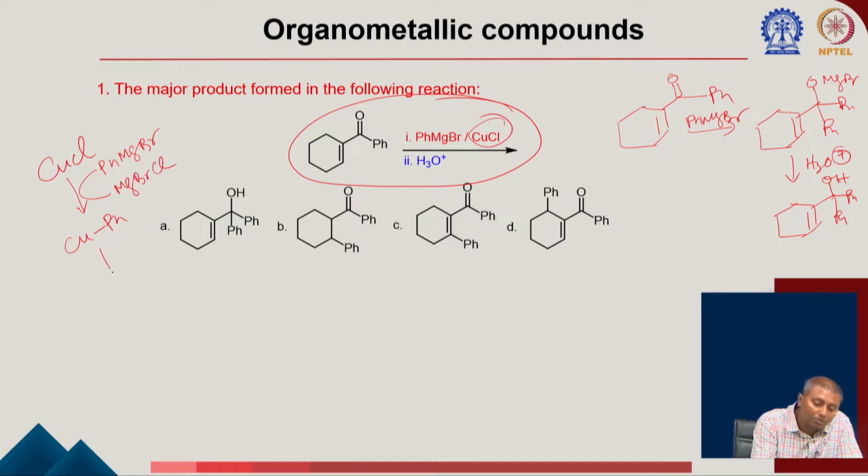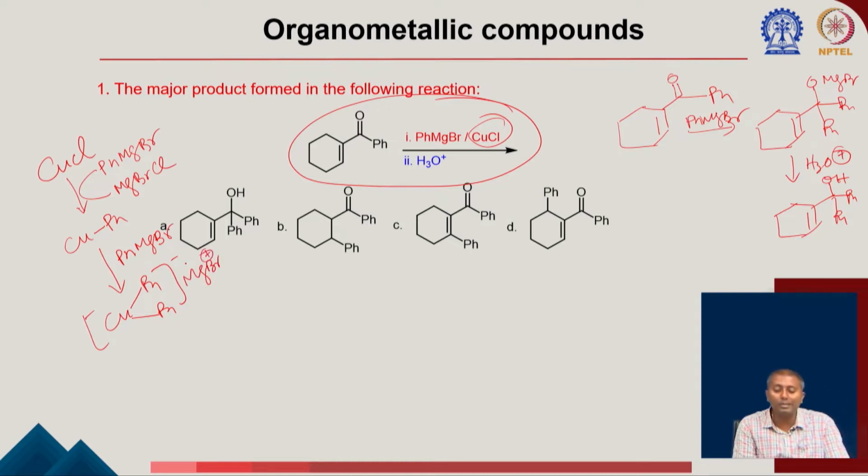Now once this is treated with one more equivalent of phenyl magnesium bromide, it is going to generate the corresponding cuprate. Again, these cuprates are softer reagents, not harder reagents like the corresponding Grignard or the lithium.